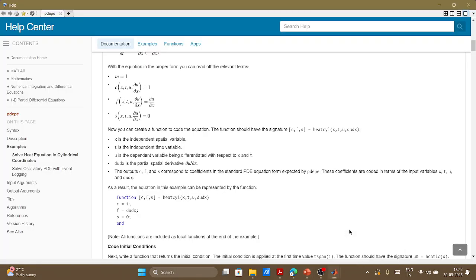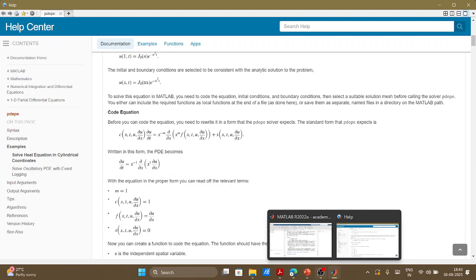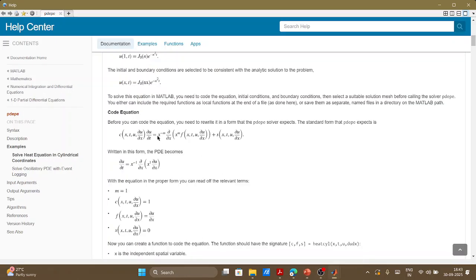So if we relate it with this part, du by dt, coefficient c is 1, because here we have 1. Then x to the power minus m: for us, we don't have any additional power of x, so m is 0, and x to the power 0 is 1.